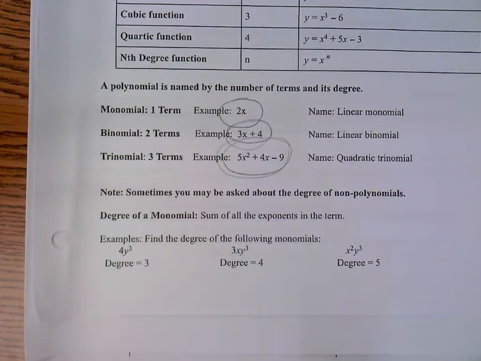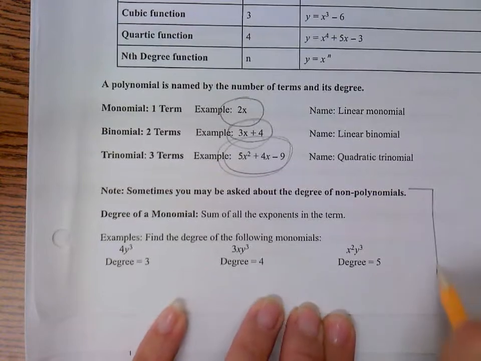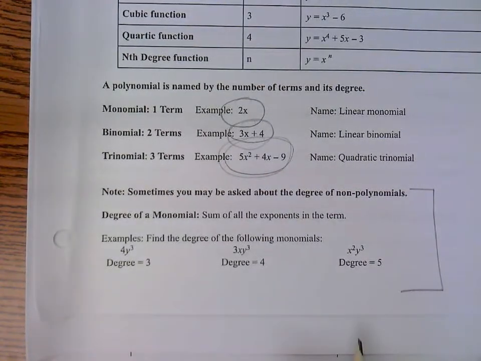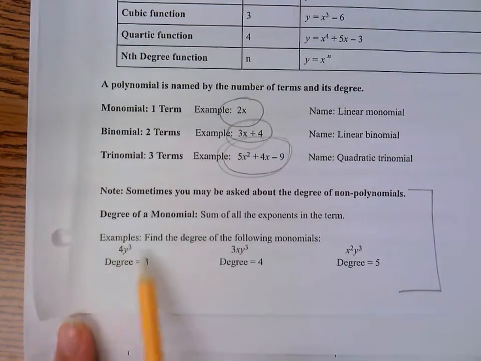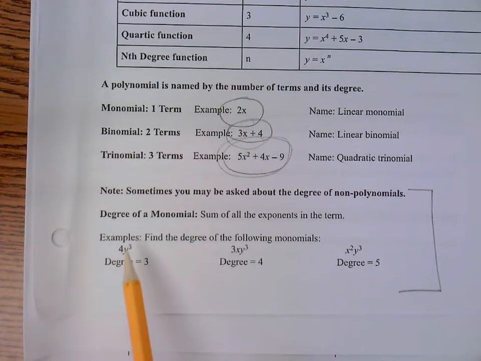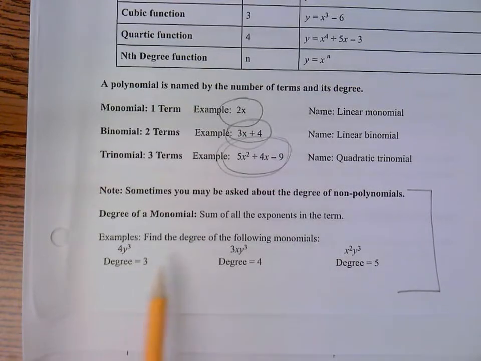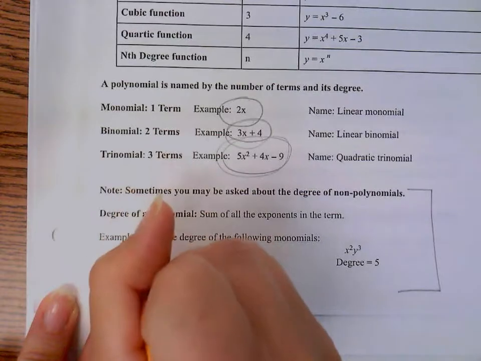And the only reason I'm throwing this part on here is for those of you taking the SAT, because I'm not going to throw terms that have y's in them. These are not polynomials, but I want you to know how to name them in case you see it on the SAT. So it says find the degree of the following monomials. If you have a couple terms in there, you find the total degree of all the terms.